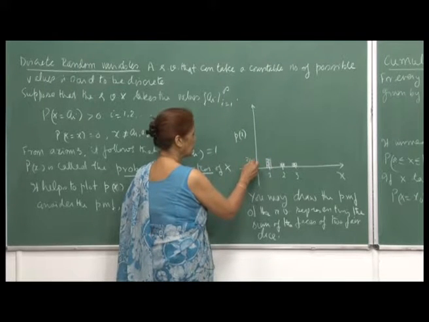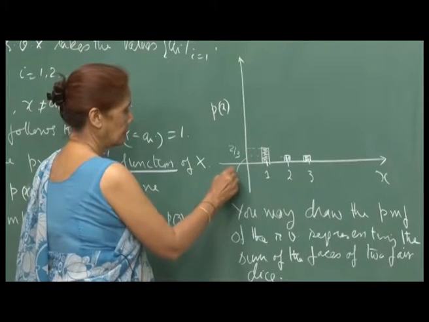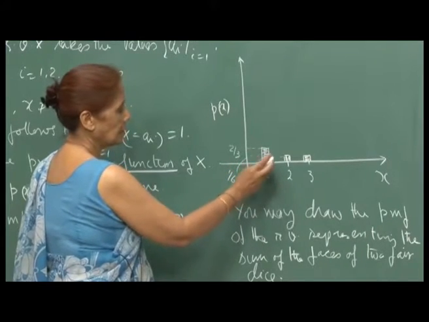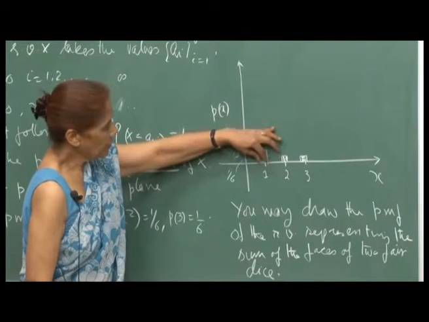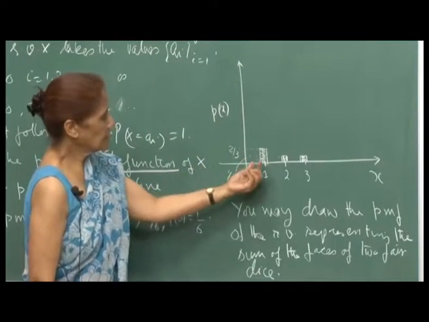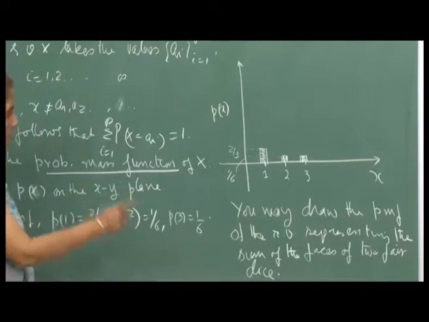This height is 2 by 3 and this height will be 1 by 6. That means the bar is centered at the value 1 and the height is 2 by 3. Similarly, here the height of the bar is 1 by 6, and the same for 3.